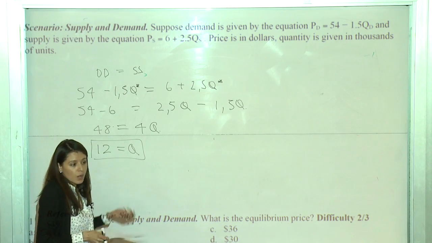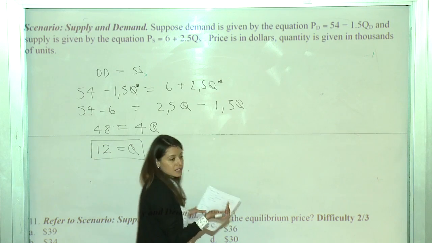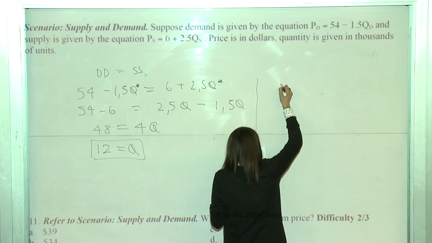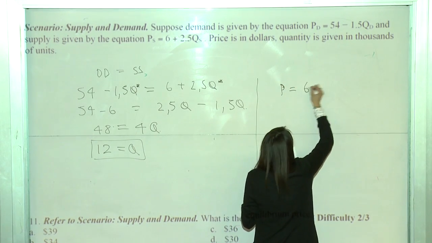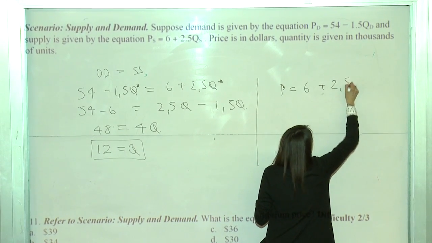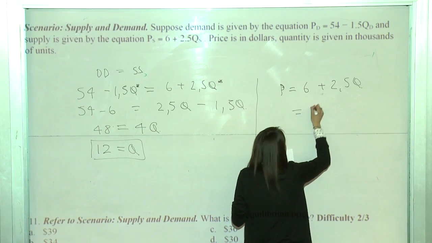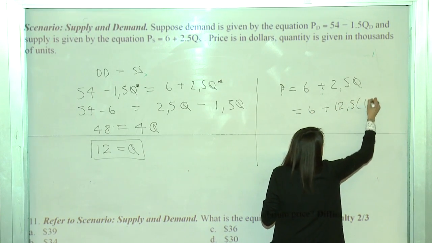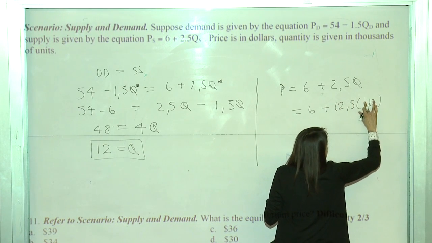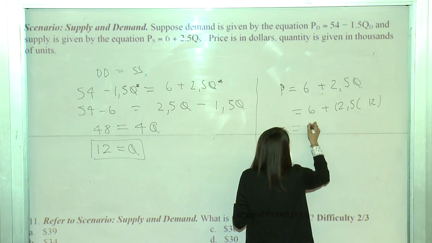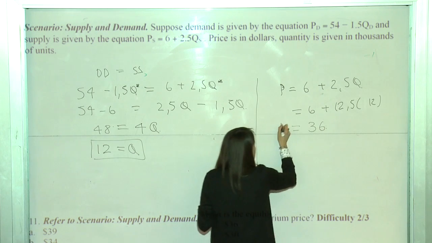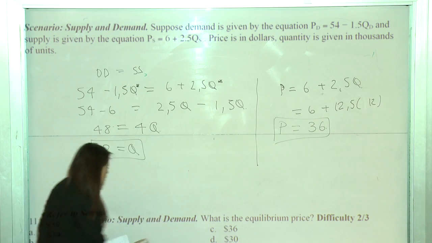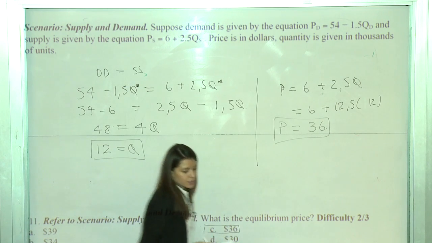Since they are both equal, it doesn't matter. So I did it with the supply curve. So price is equal to 6 plus 2.5 times 12, and this is equal to 36, okay? And 36 is C, so the answer is C.